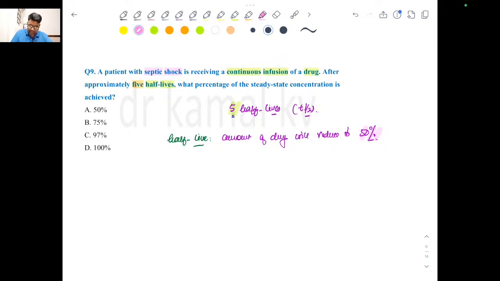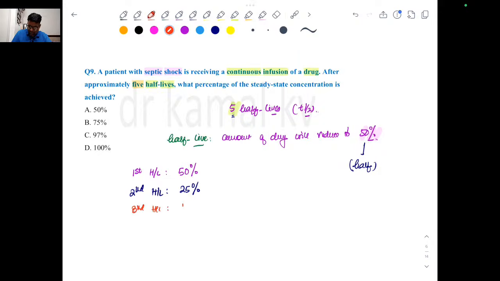So suppose I take the first half-life, there will be 50%. Now the second half-life, just half of this, right? So 50% means half. So for the second it will be 25, third half-life 12.5, half of 25, right?